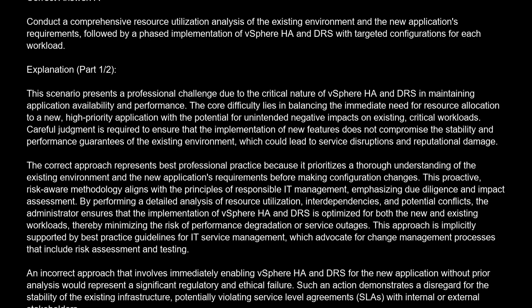An incorrect approach that involves immediately enabling vSphere HA and DRS for the new application without prior analysis would represent a significant regulatory and ethical failure. Such an action demonstrates a disregard for the stability of the existing infrastructure, potentially violating service-level agreements, SLAs, with internal or external stakeholders.